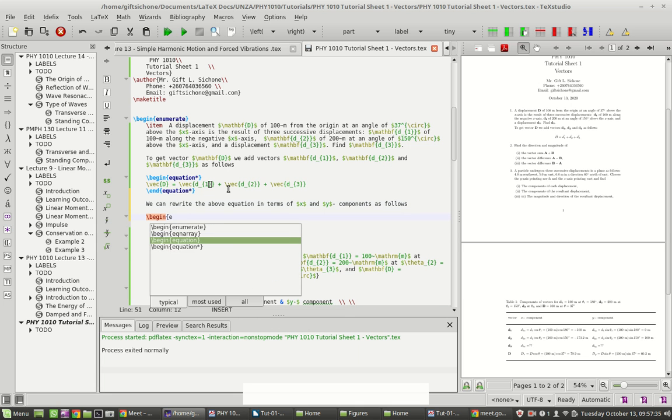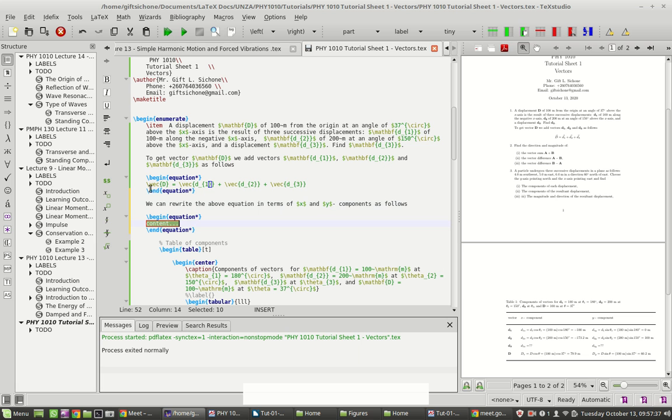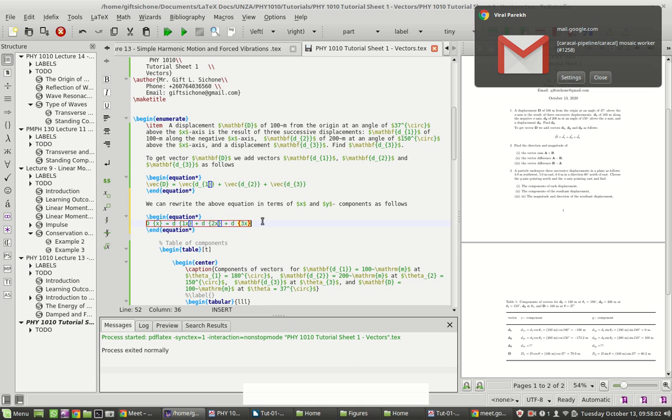Begin equation. So dx is going to be equal to d1x plus d2x plus d3x. That's one equation.